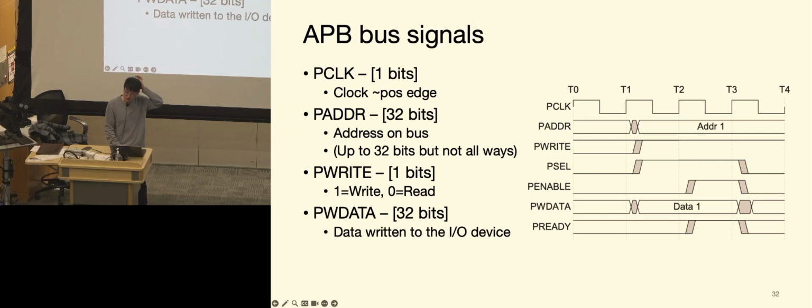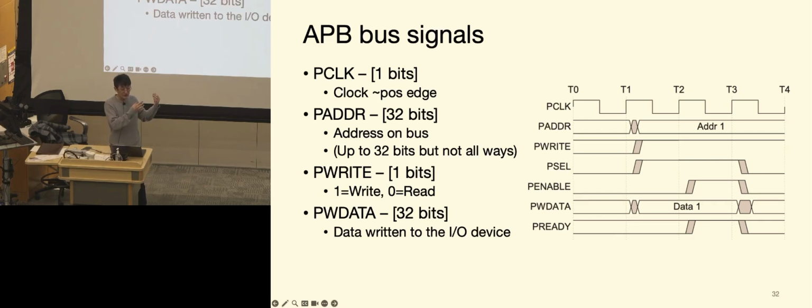That is connected to all the peripherals. And then we have the PADDR. It's also an input to the slave, and it's the address bus that's transferring the address where the command should go, like a load or store.